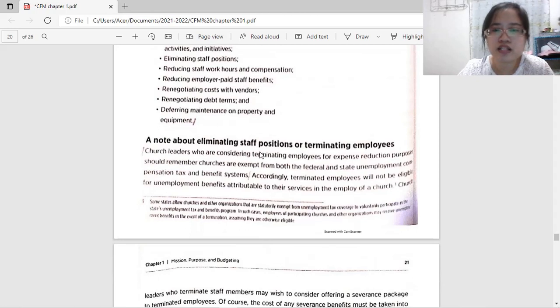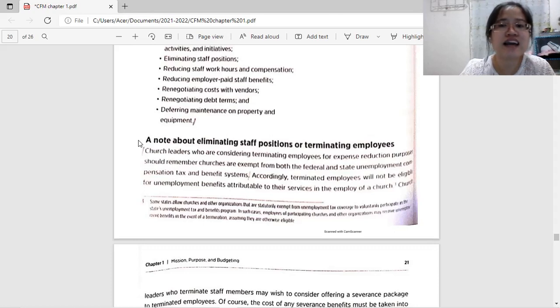A note about eliminating staff positions or terminating employees. In a way, this is a bit tricky because of labor laws. Although, of course, it would be easier for churches to do because of simple communication between the church and the worker, with a proper explanation on why we're going to eliminate staff positions or terminate employees.